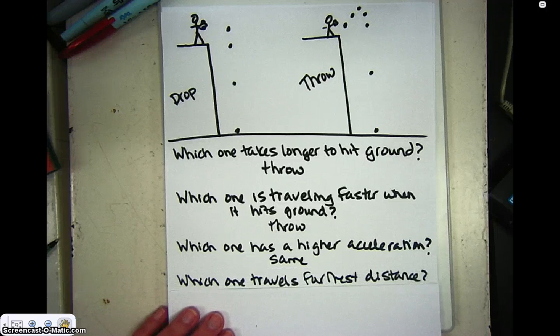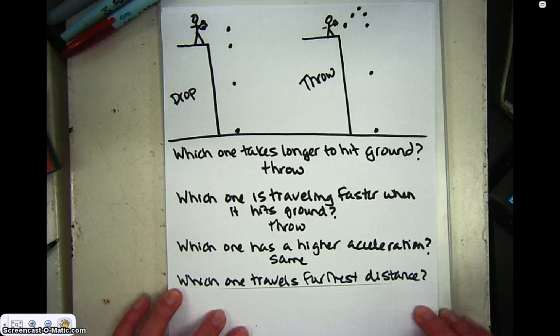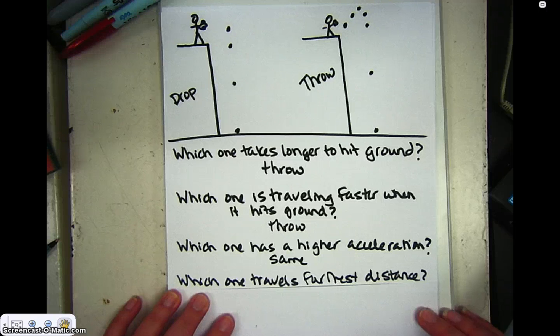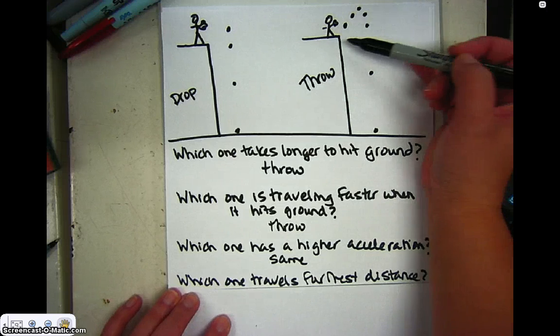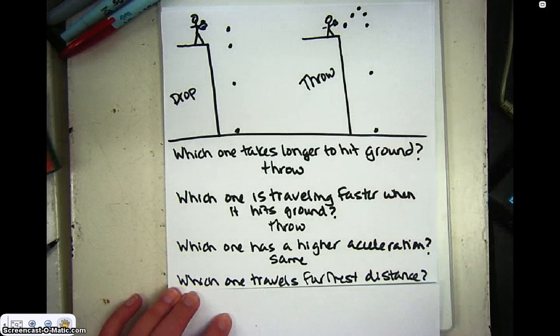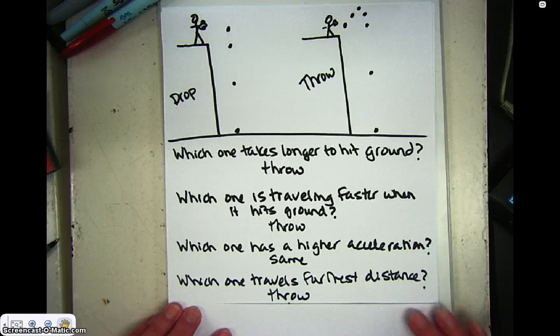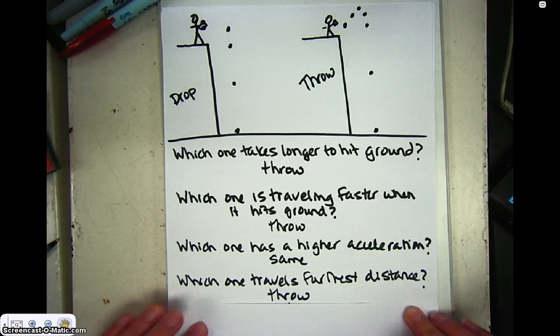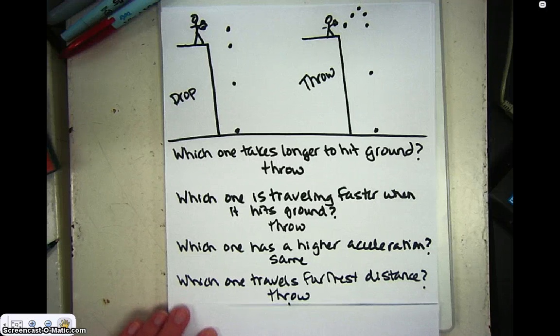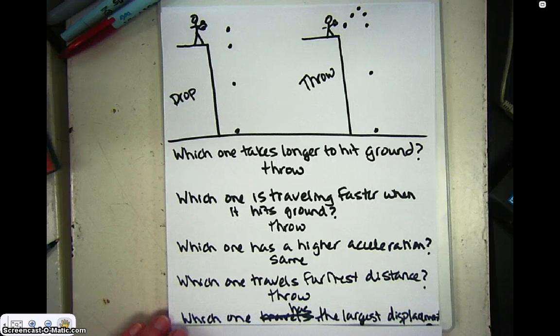Now, just to review a little bit about our vectors and scalars, which one travels the farthest distance? Remember, distance is a scalar, so that's the total ground covered. And here, because the throw has to go up and then come back down, we would say that the throw travels the furthest distance. Now, if we look at the example of a vector, which one has the largest displacement?